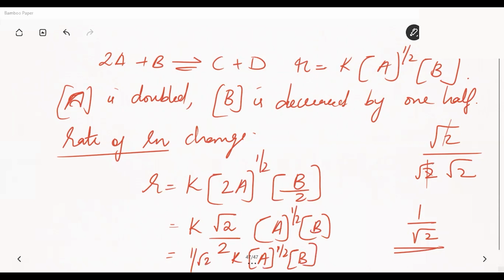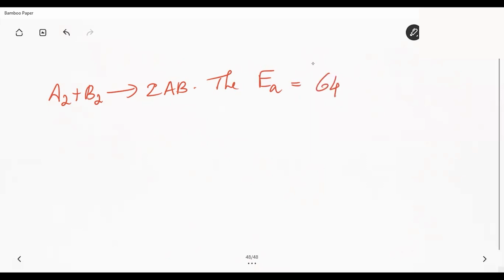Activation energy. A question related to activation energy is given. A2 plus B2 giving 2AB. The activation energy of this reaction is given as 64 kilojoules.